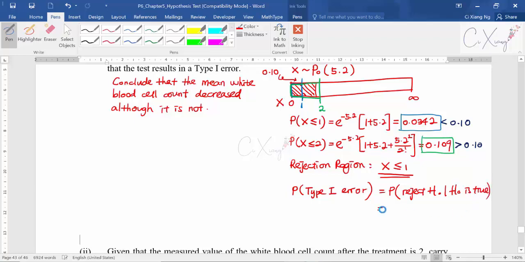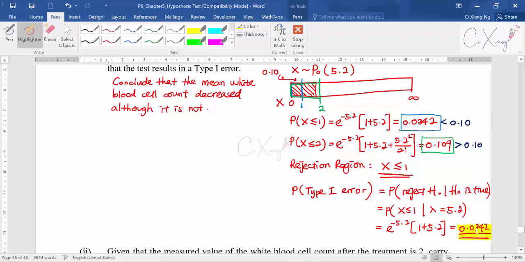So what you want to put in now is the rejection region x smaller equals to 1 when the lambda is equals to 5.2. If you apply the formula, you get 0.0342 as your answer for type 1 error.